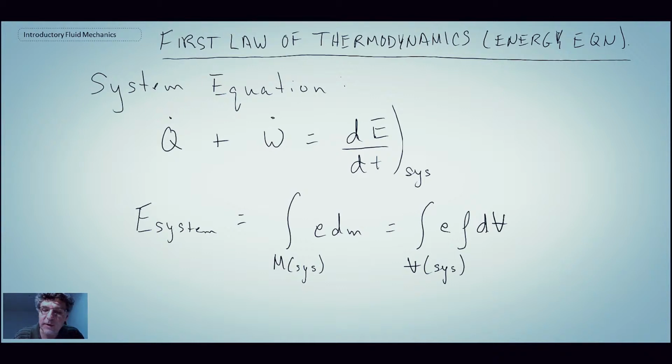And in this equation, you notice we have little e. That is our intensive property, and that is the intensive property for energy, and that is represented by the internal energy plus the kinetic energy plus the potential energy that we would have in our fluid, and that is total energy per unit mass.